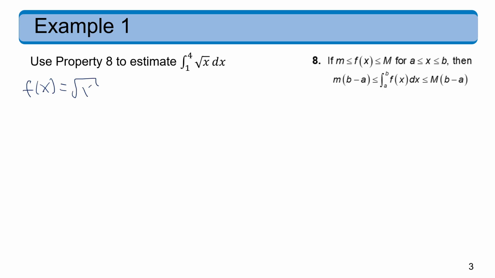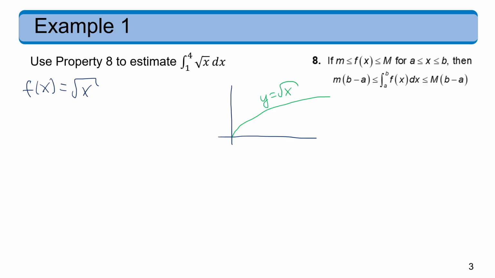Now to use property 8, we need to get a lower bound and an upper bound for this function, square root of x. So let's recall what the graph looks like of this function. Right, this is the basic shape of y equals the square root of x.